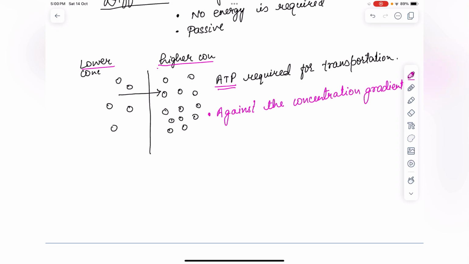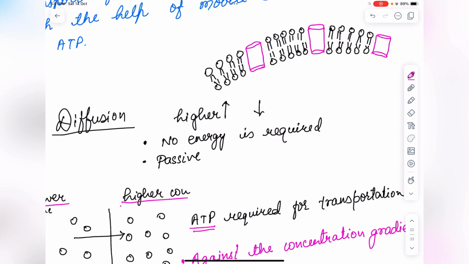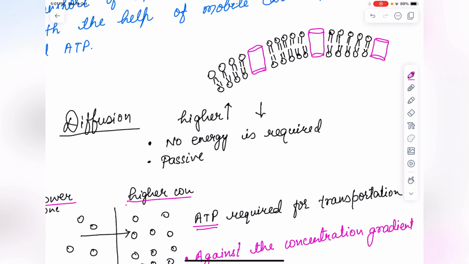Active transport is carried out by specific membrane proteins. See, this is a membrane, the phospholipid bilayer, and this is a protein channel through which active transportation takes place. This channel takes part in both active and passive transportation.